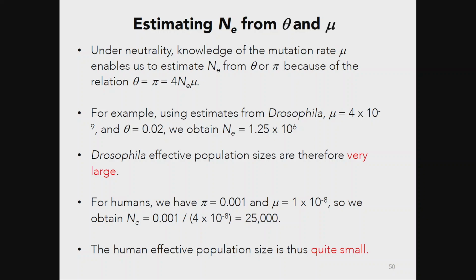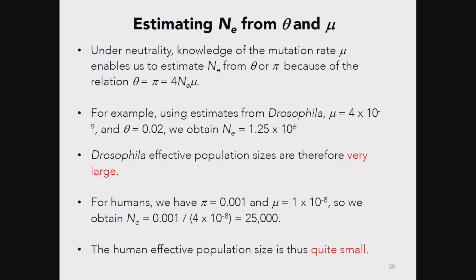Exactly. So we can date things. We can look at a particular gene and the alleles in a sample of human sequences, and figure out when in the past this thing originated.